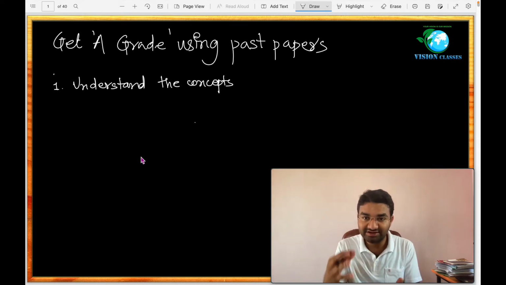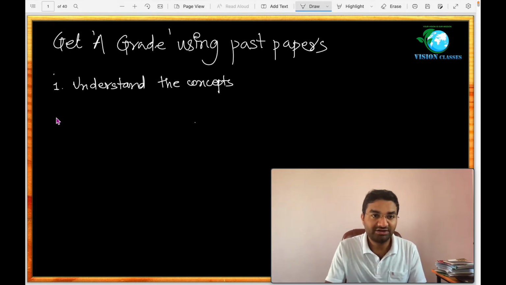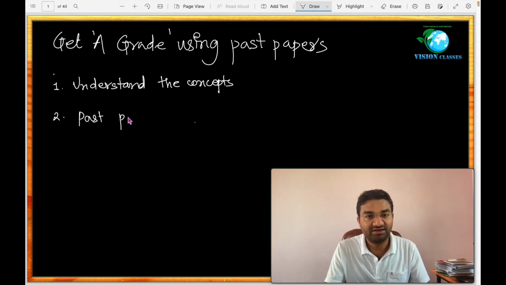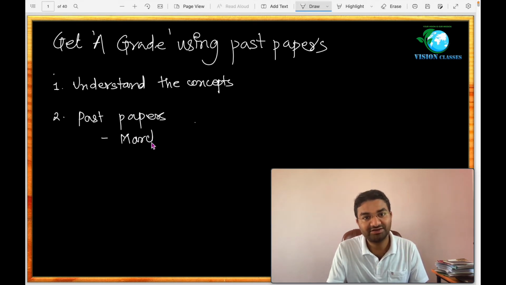Basically, after you are done with the concept part, you have to go through the past year papers. So the second part is past papers. Firstly start with the March paper, then you have the June papers, then the November papers.